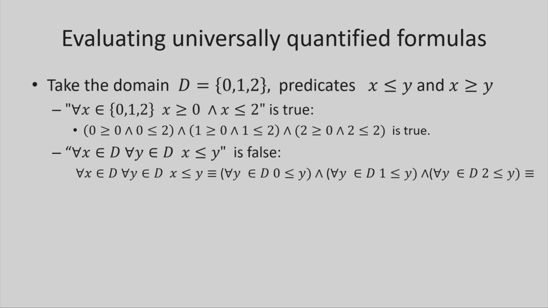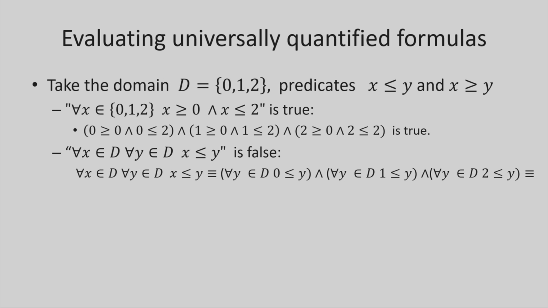So this is what we get. Our original formula is equivalent to an AND of 3 formulas, each of which is the result of taking the formula, removing the for all x quantifier, and replacing x in the first case with a 0, in the second case with a 1, and in the third case with a 2. So we get an AND of 3 formulas, just like we had above.